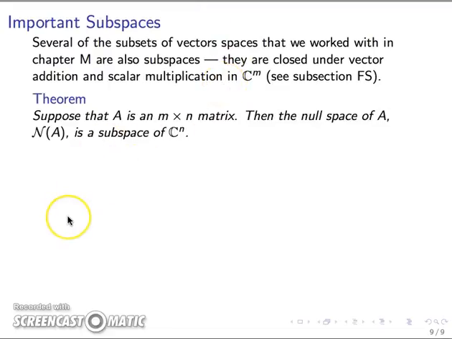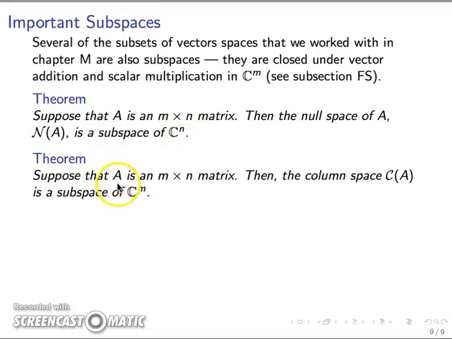Now, suppose we refer to the null space of a matrix. The null space of a matrix is a set of vectors in Cn when the matrix has n columns, and it so happens that that null space is also a subspace, specifically a subspace of Cn.